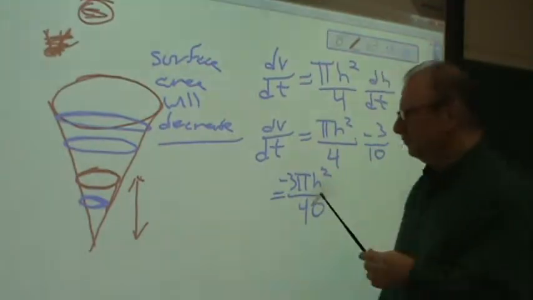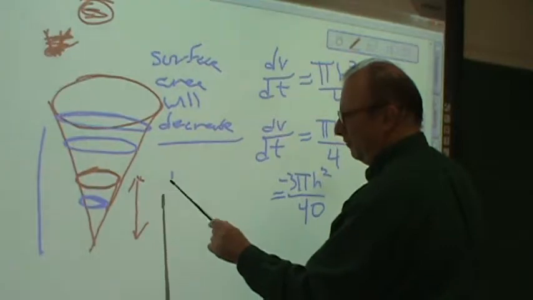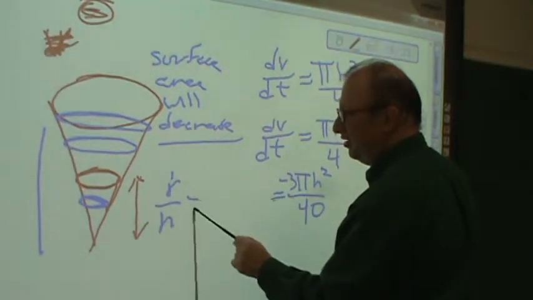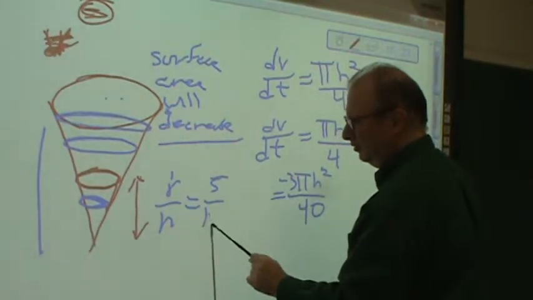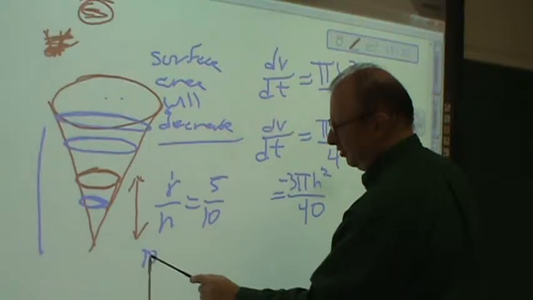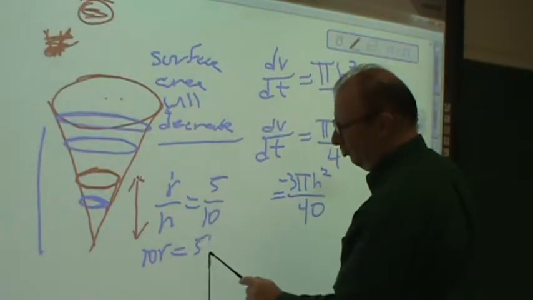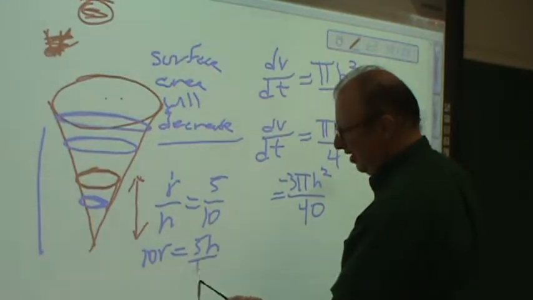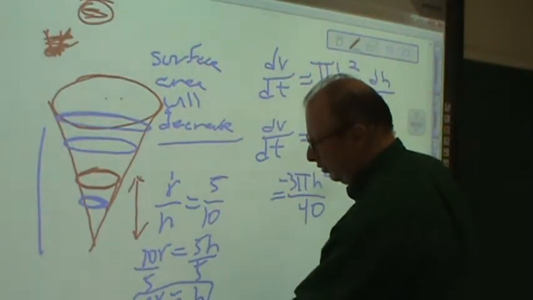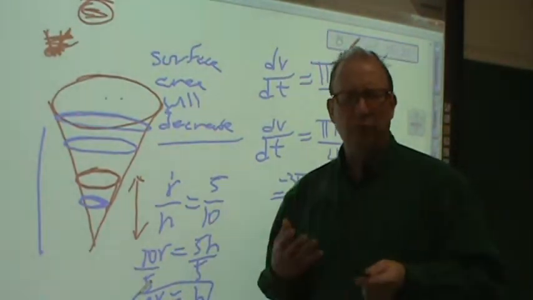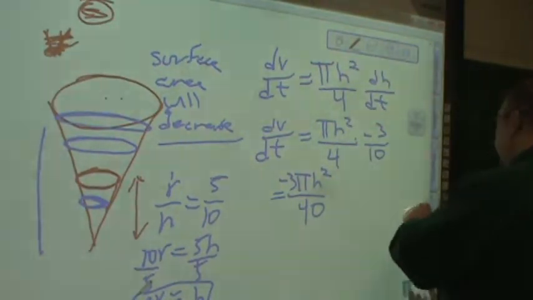But wait a second. Do you remember? Let's go through that relationship again. R over h is equal to 5 over 10. So 10R is equal to 5h. And if that's the case, h equals 2r. Because I need to know the surface area. And what do I need for surface area? R. So let's substitute, instead of h, let's put in 2r.